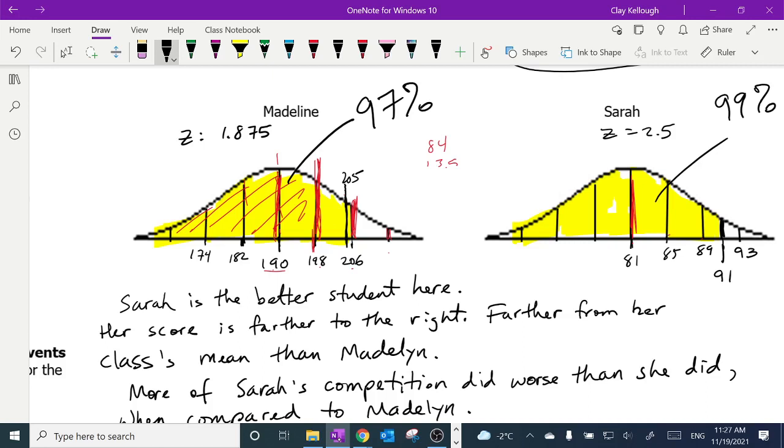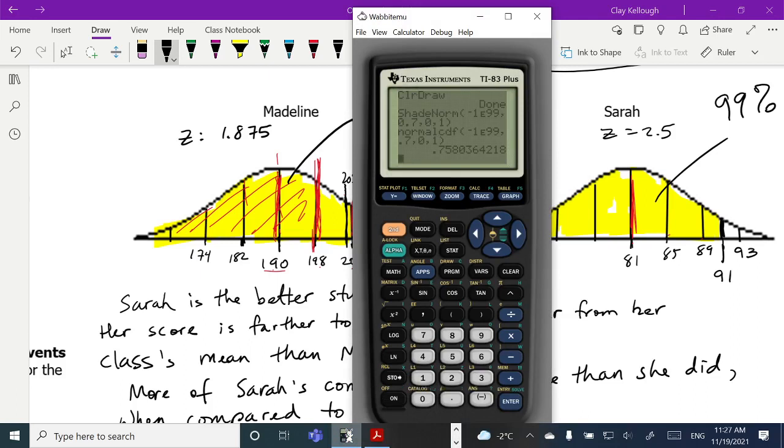Okay, let's go to the calculator and do that. So for the calculator, you know what? I'm going to play with the window first. I know that that X is no good for Madeline's data. Madeline's data has a mean of 190. So that means that I should maybe go back to about, oh, I don't know, how about negative 170?